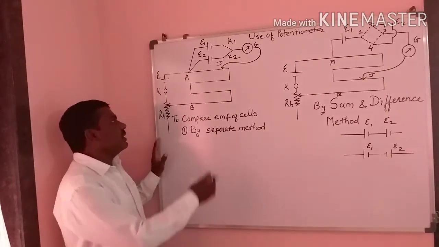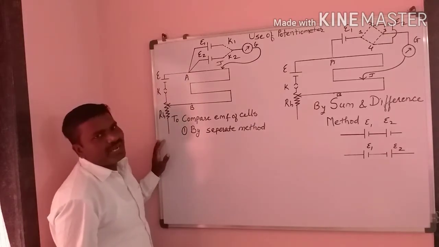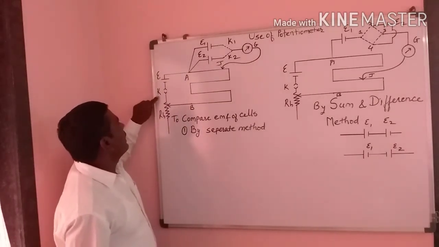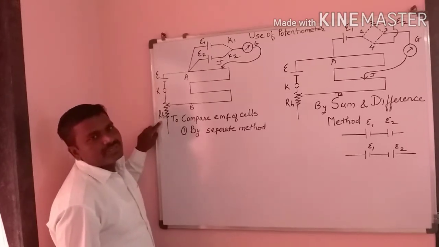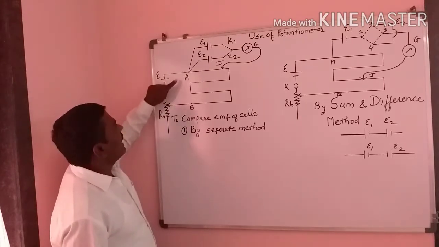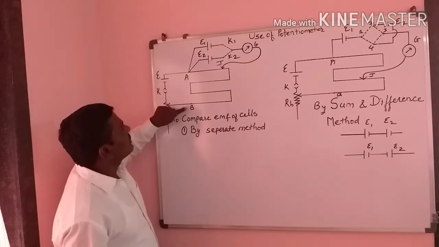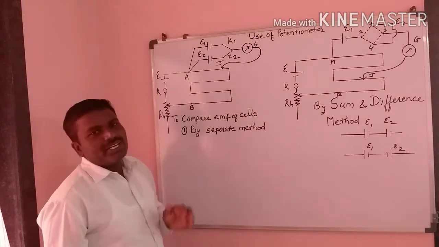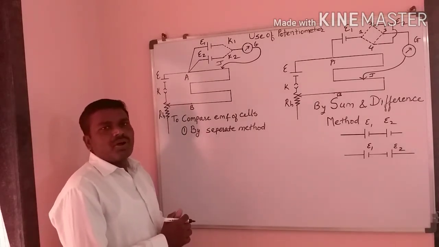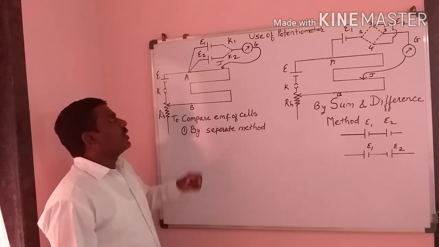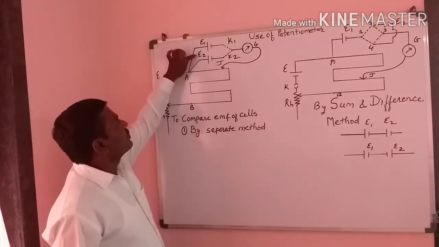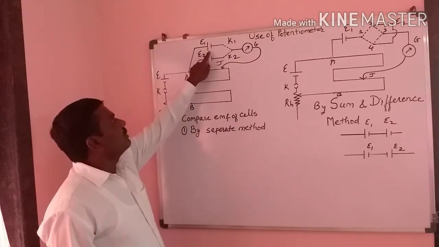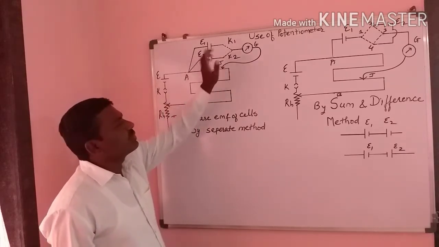Set up a potentiometer in such a way that E is the EMF of the cell, with the key and rheostat connected so that the potential at A is larger than the potential at B. E1 and E2 are the EMFs of the cells being compared. The positive terminals of E1 and E2 are connected at point A. The negative terminals of E1 and E2 are connected to the two-way key.